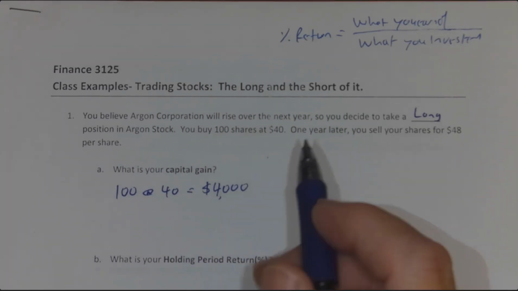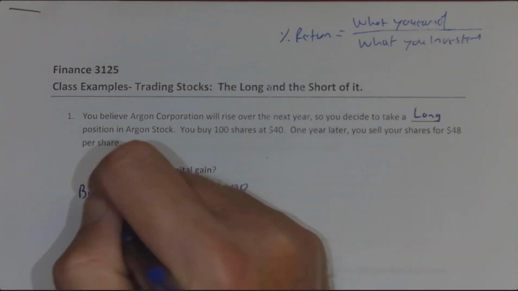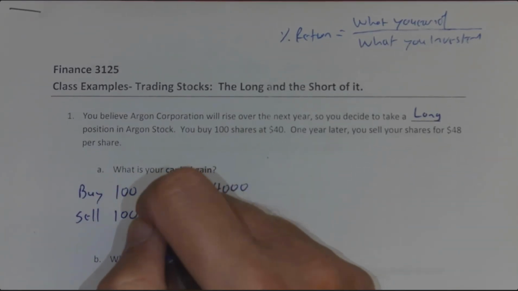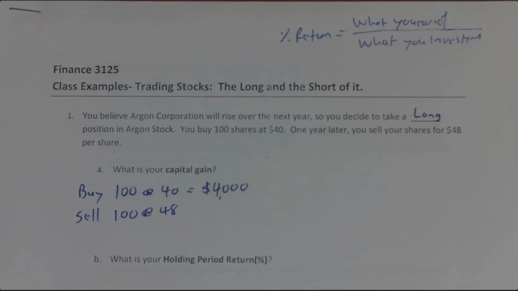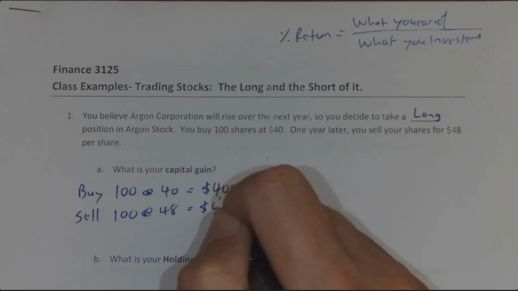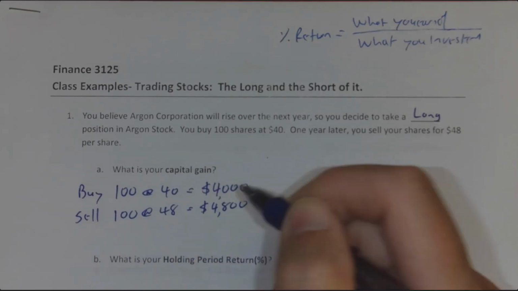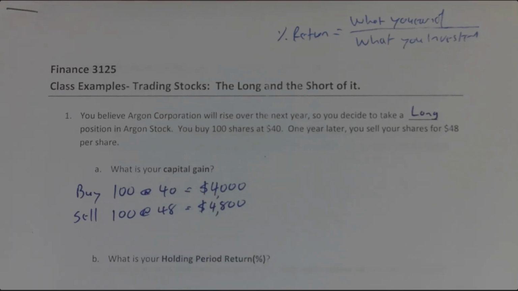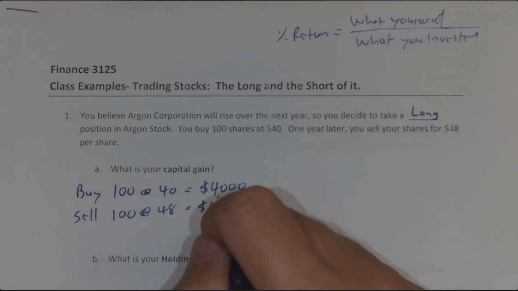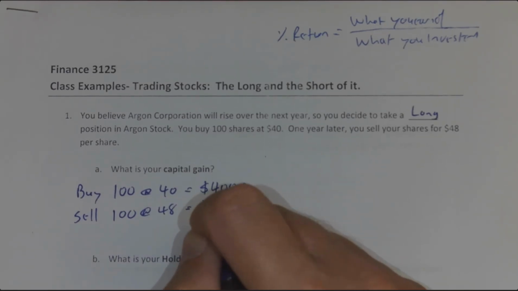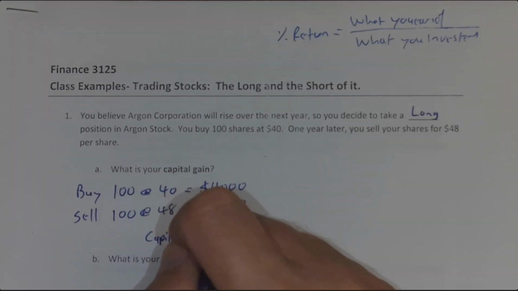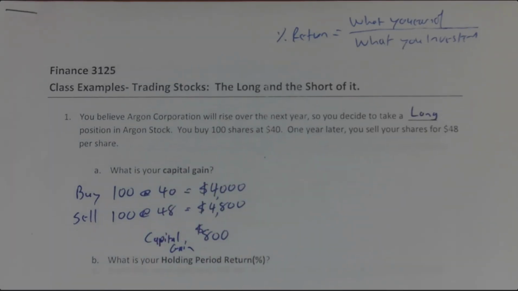Now a year later, we're going to sell our 100 shares at $48 a share. 100 times 48 is 4,800. So we bought at 4,000, we sold at 4,800. You take the difference, we have an $800 capital gain.